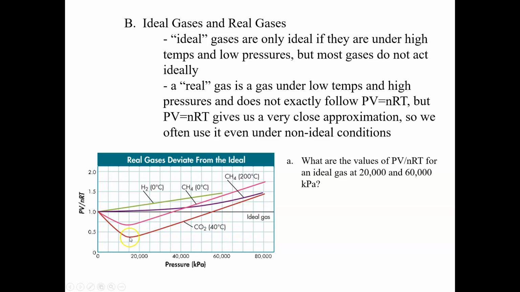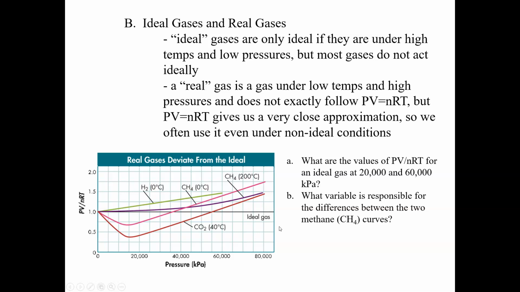And we can see that they might be as low as about 0.35, or they might be as low as 0.7. Or they might be as high as all the way up here, hydrogen is a little over 1. Okay, so we get a little bit of a deviation from the ideal when their pressure goes way up.